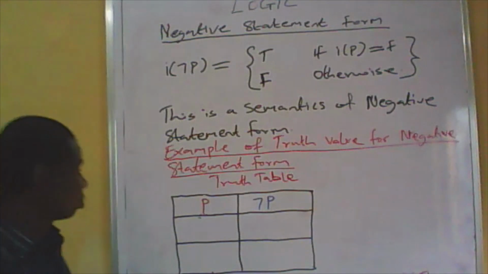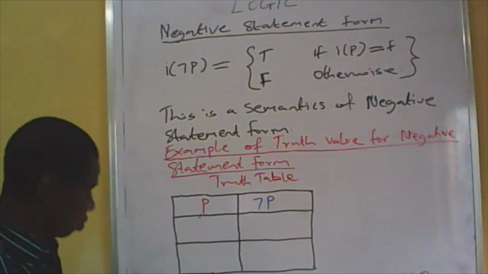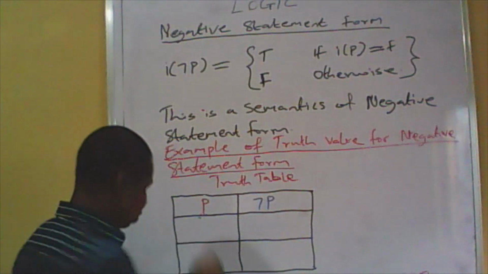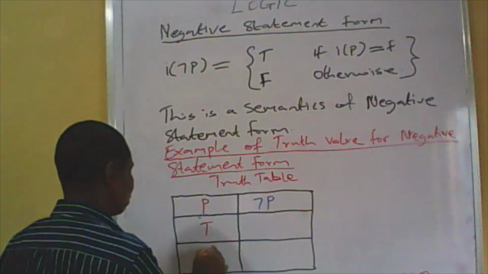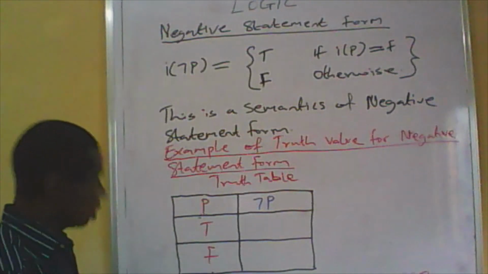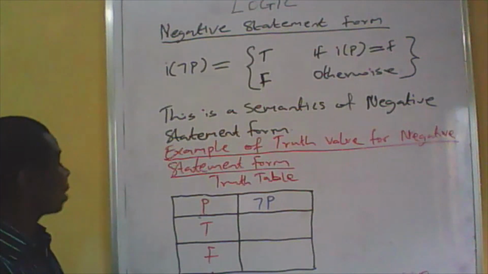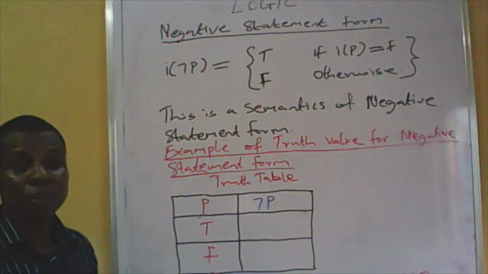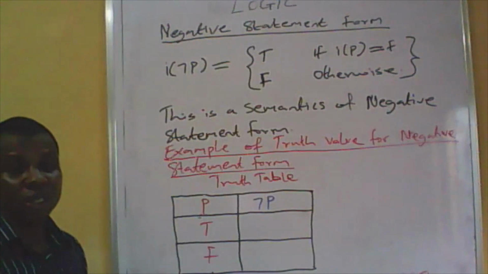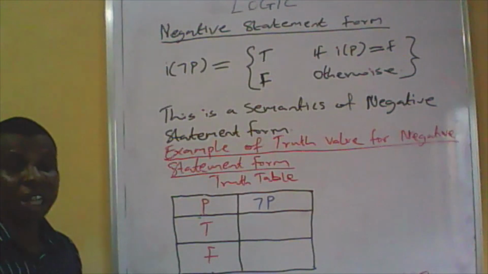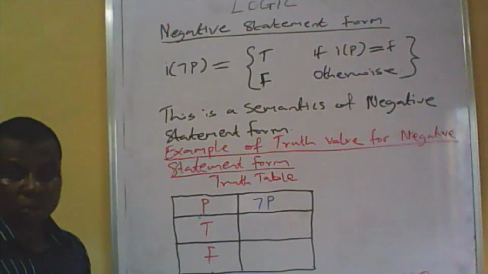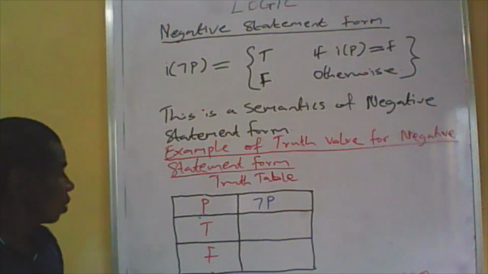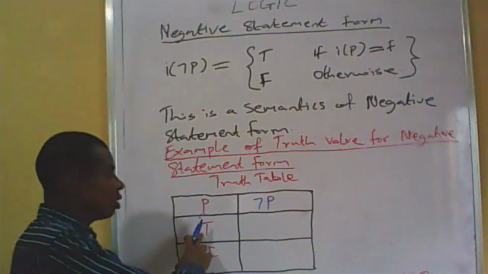So we are going to have our first truth value T, and the next one is F. The semantics for negative statement is I assigns not P to T if I of P is F, otherwise it is F. When I assigns P to T, that means I assigns not P to F. Here we have T as our value for our statement.